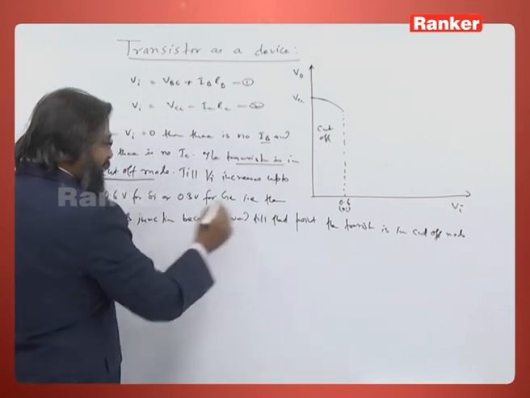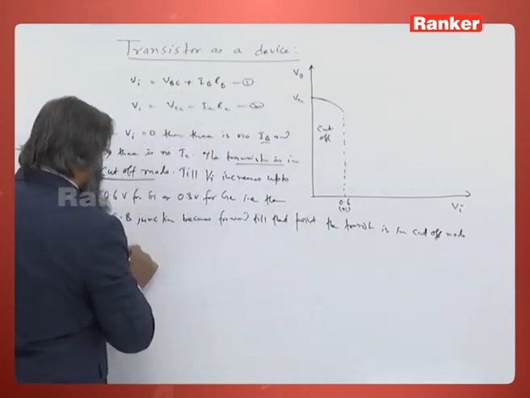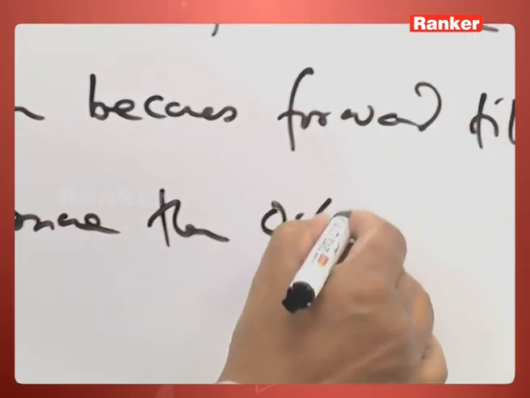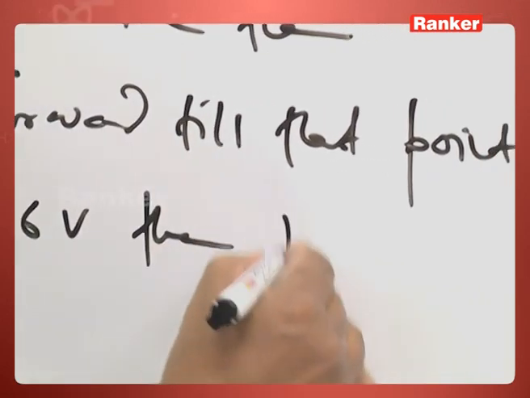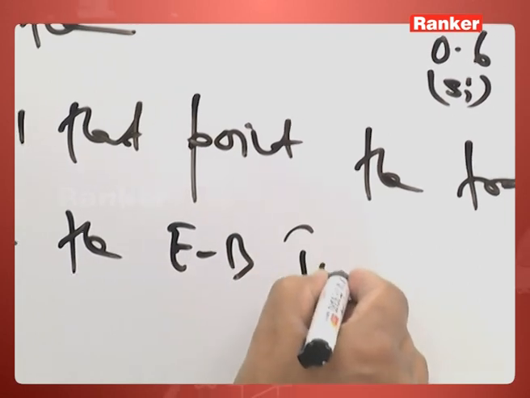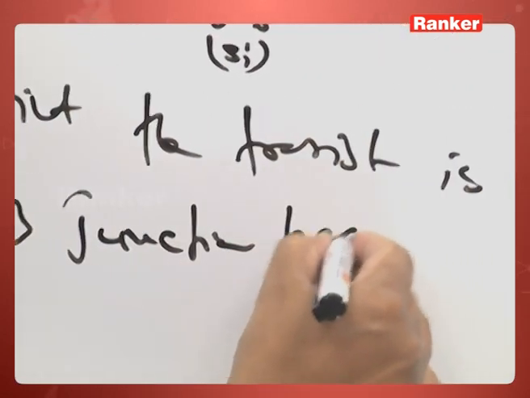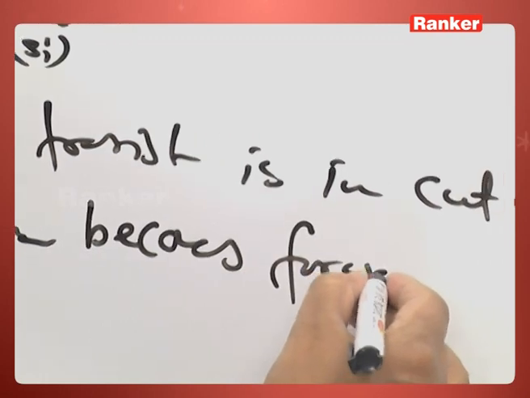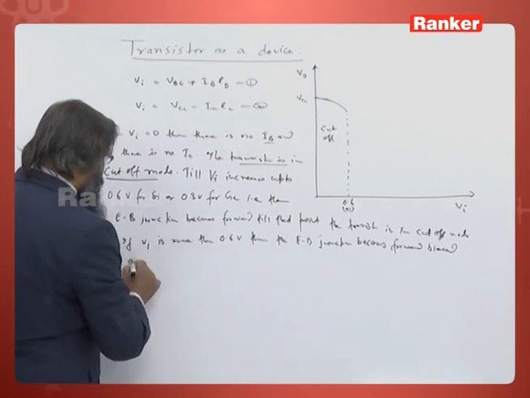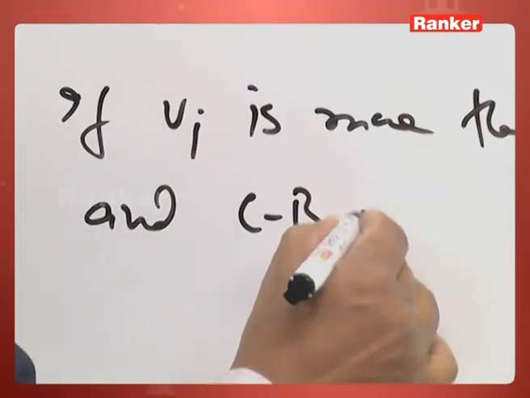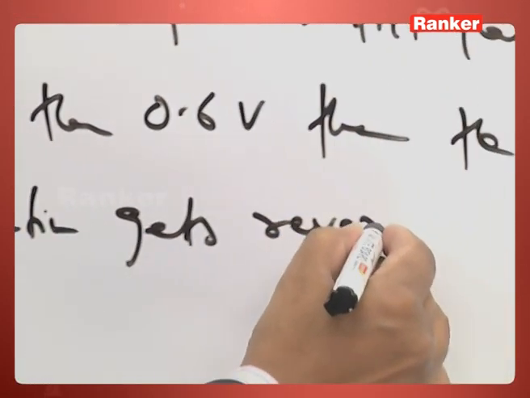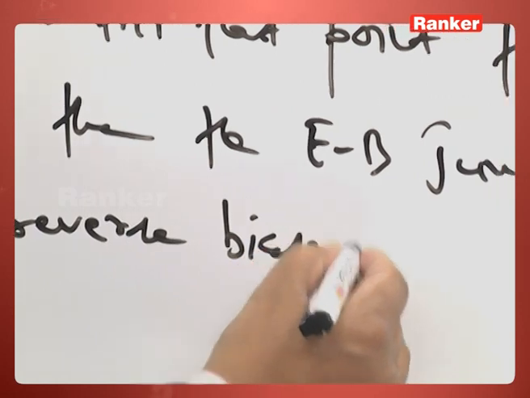So once we reach this point, now if Vi is more than 0.6 volts, then the emitter base junction becomes forward biased and the collector base junction gets reverse biased.